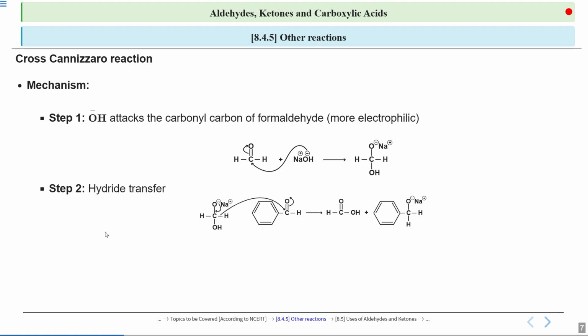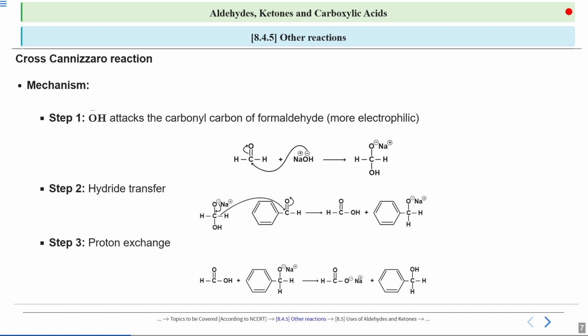So if you see, oxygen has a negative charge, this comes down, and this hydride of the tetrahedral intermediate goes to the benzaldehyde, and the intermediate is oxidized to carboxylic acid. So you will see HC double bond O, OH. So it is getting oxidized to carboxylic acid.